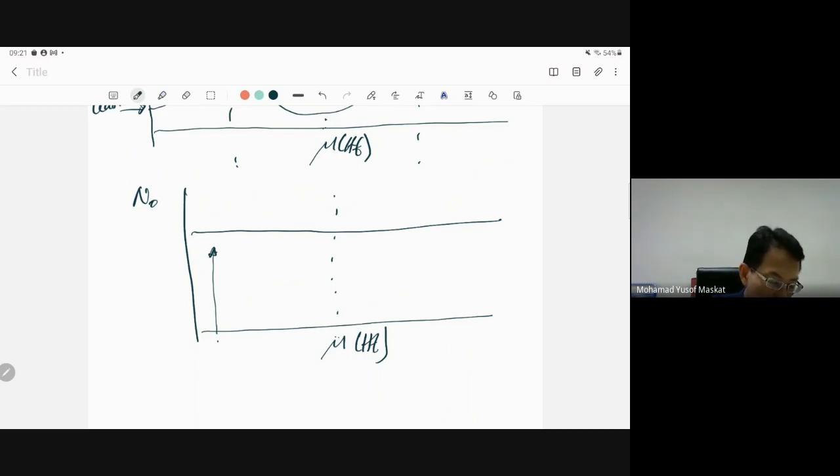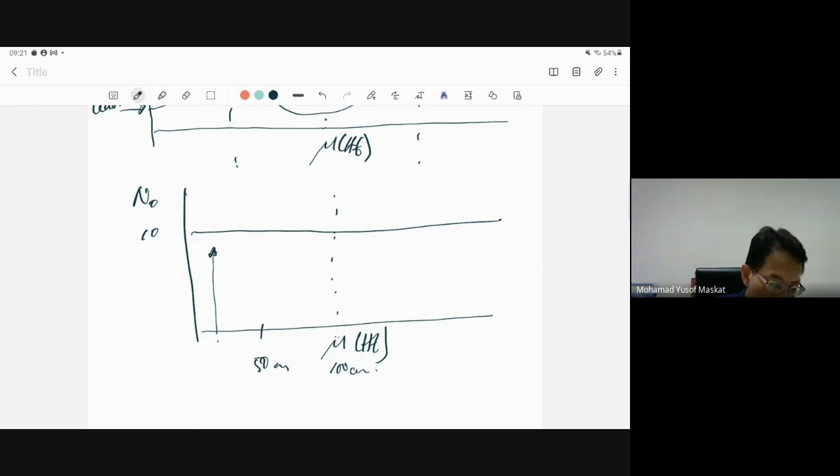For example, if the height is 100 cm, the number is, for example, 10. If it is 50 cm, it is also 10. So at any height, there is the same number of the population.